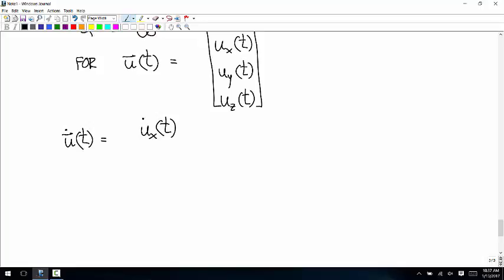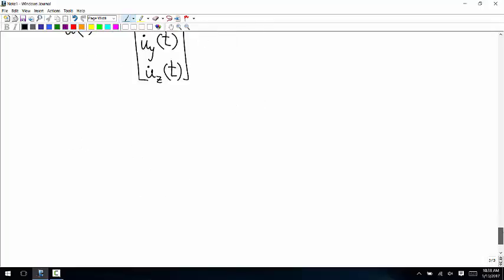So ux dot, uy dot, and uz dot. And when we start doing rotating coordinate systems, we'll see that's not true anymore. But in non-rotating, that's true. I don't think you need an example of that. You just take the time derivatives of each of the components.